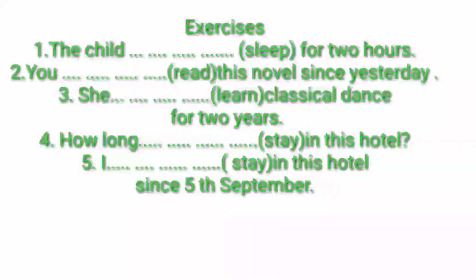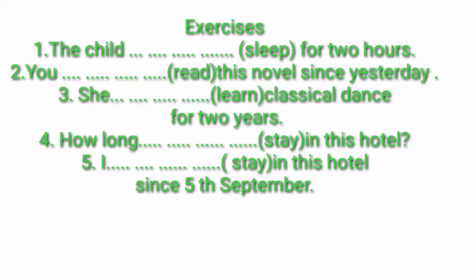Now come to the second one. 3 blanks should be there. By mistake 4 blanks are given there. You dash, in the brackets read is given, this novel since yesterday. You have been reading this novel since yesterday. Third one. She, in the brackets learn, classical dance for 2 years.